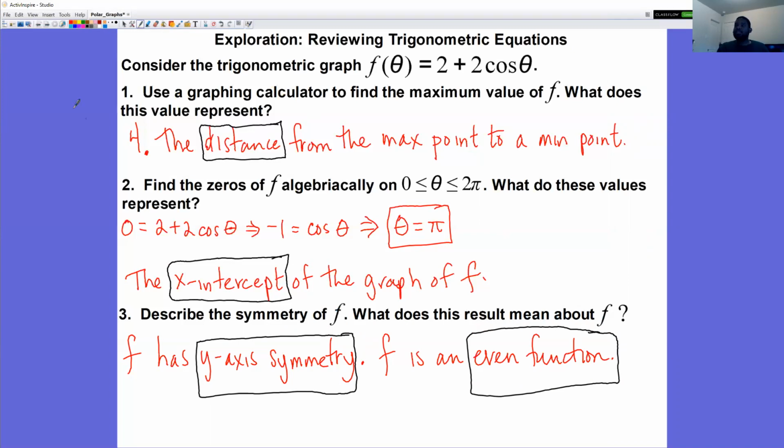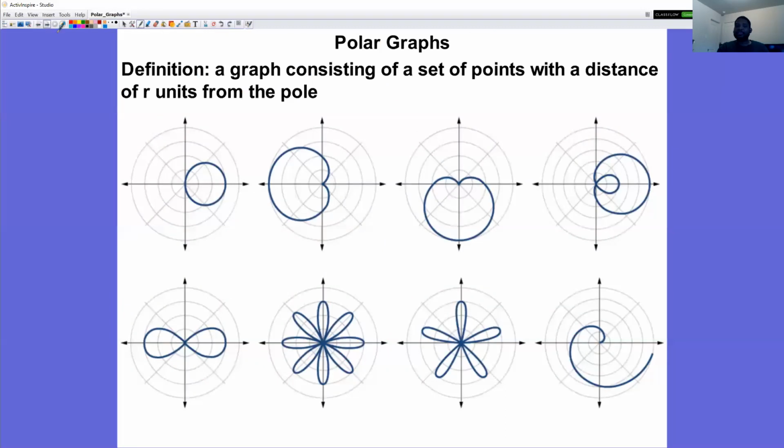So all of this is important, leading into the concept of polar graphs. So by definition, a polar graph is a graph consisting of a set of points with a distance of r units from the pole. So as you can see here, we have different types of polar graphs. You have circles, you have what we call limaçons here.